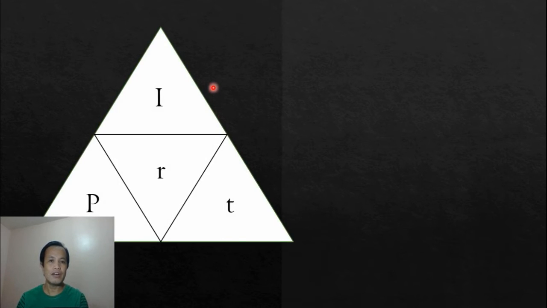So before we start, let's have first this triangle. This triangle illustrates the formula in finding each of the interest, the principal, rate, and the time. I for the interest, P for the principal, R for the rate, and T for the time.